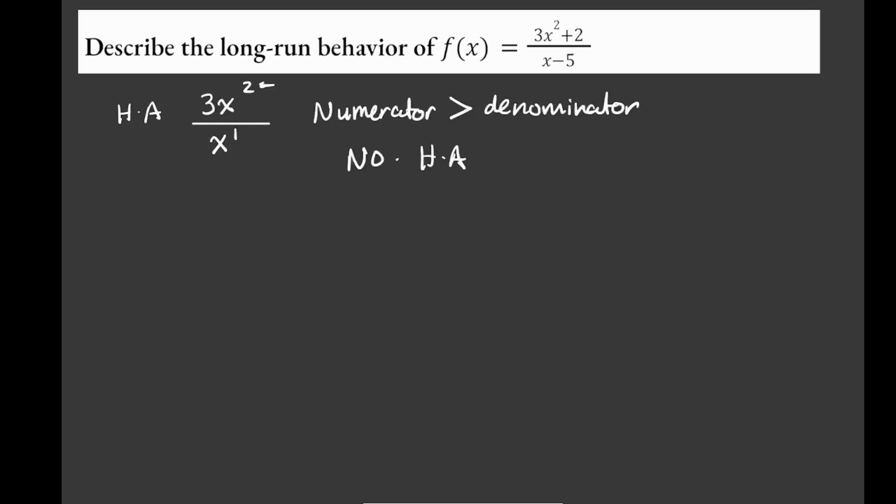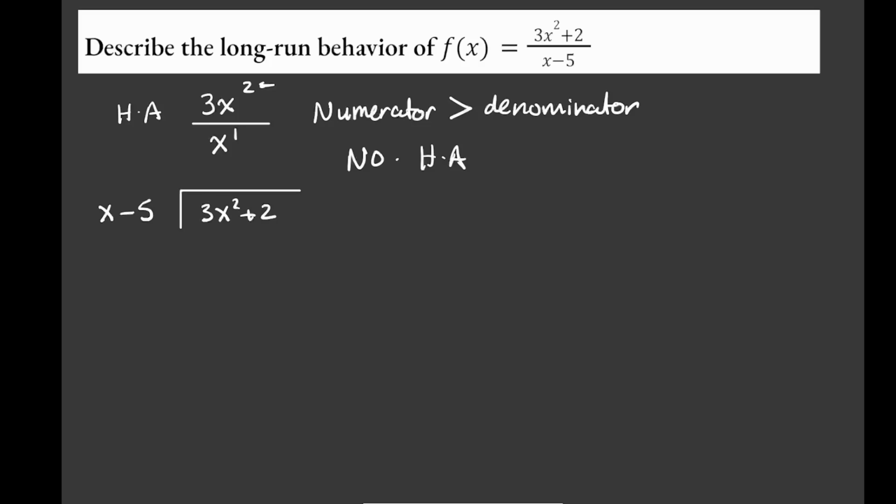And the way we find that asymptote is by doing long division on the function. So my long division here, the numerator, 3x squared plus 2, goes inside, and the denominator goes outside. So here I am going to apply long division.